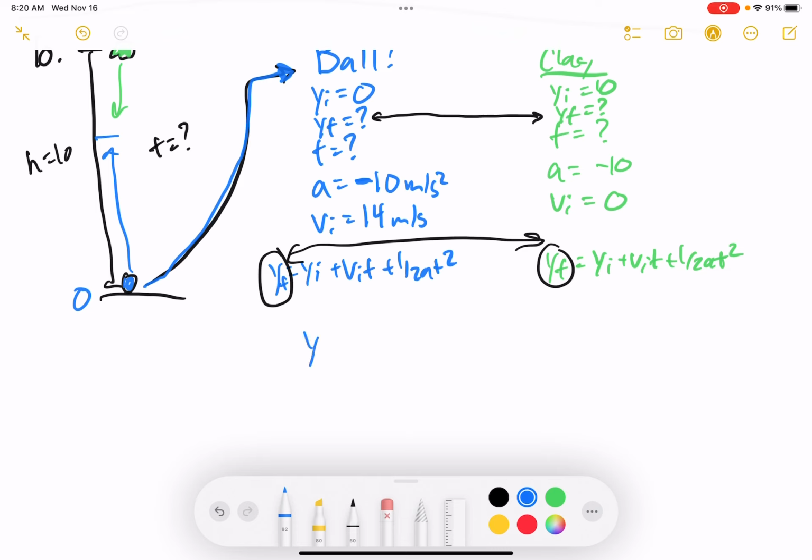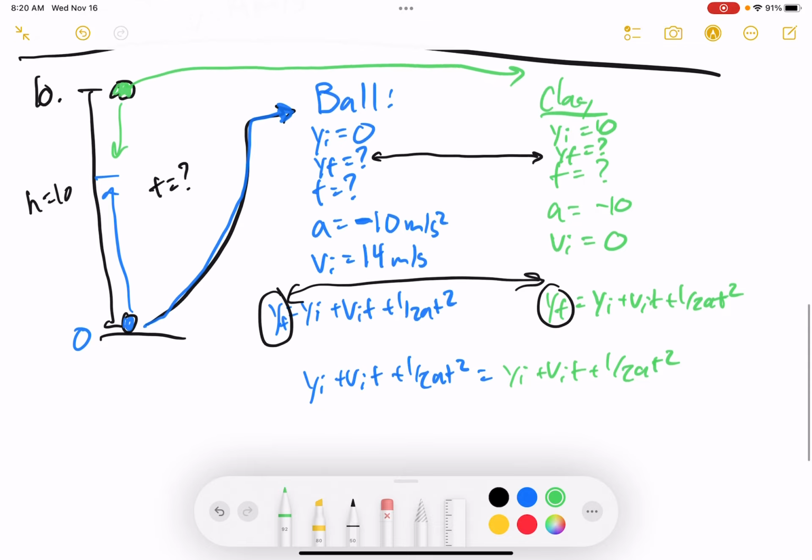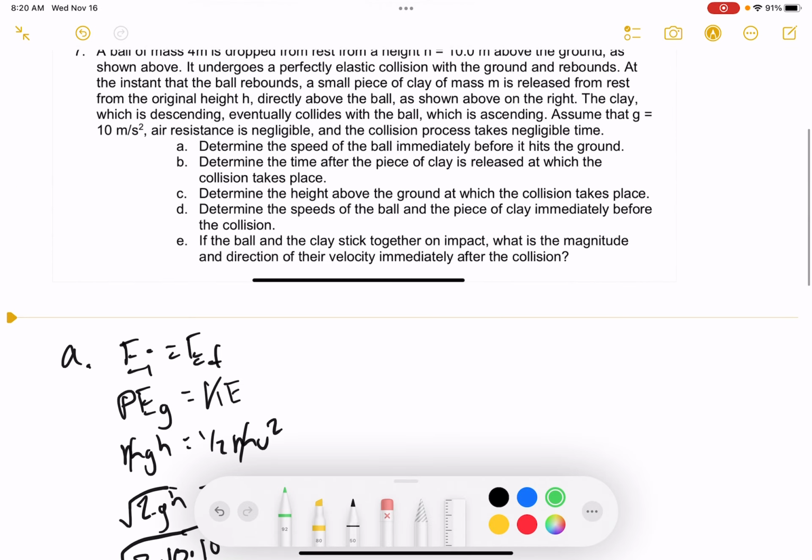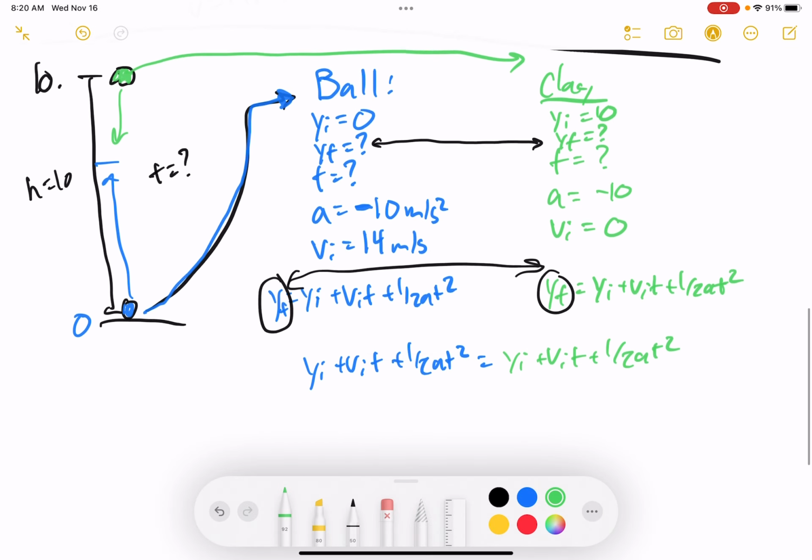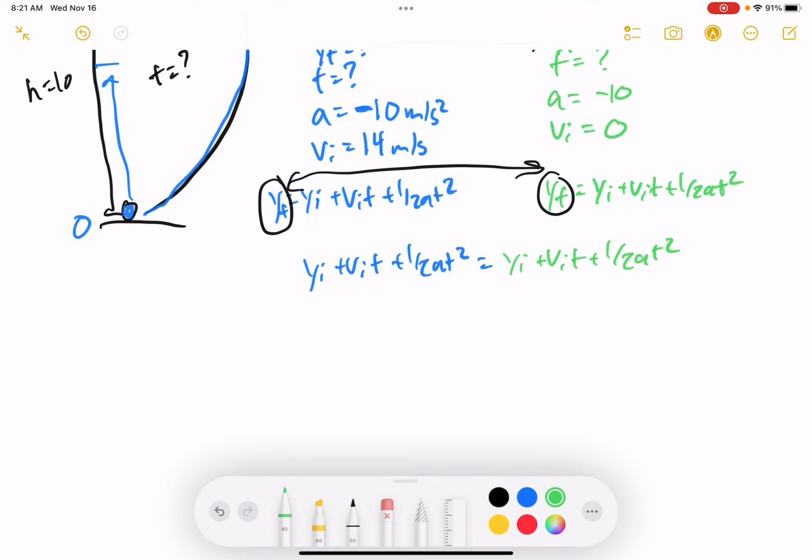So I have yi plus vit plus 1/2 at squared is equal to yi plus vit plus 1/2 at squared. Now, what are we trying to solve for? We're trying to solve for the time, so we need to determine that time.